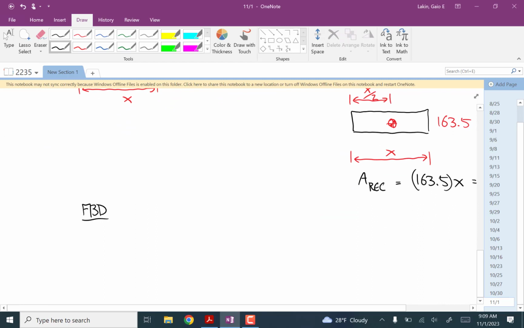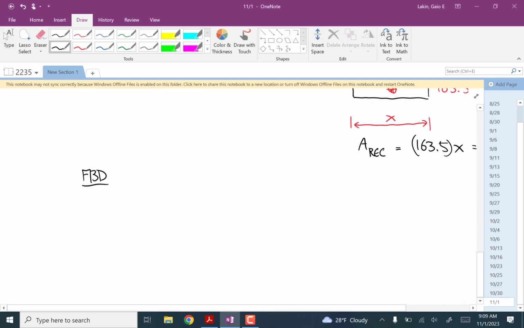So the free body diagram for the cut, we have the internal loads. Then at the center of the beam, we have a force 163.5x.